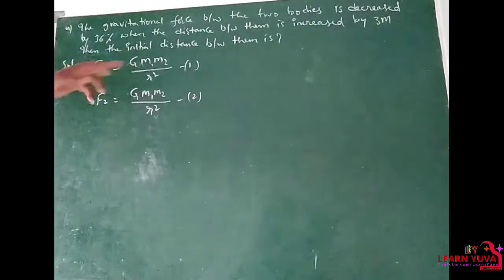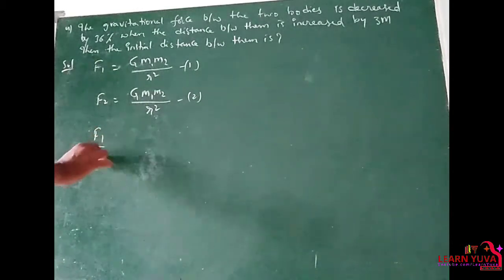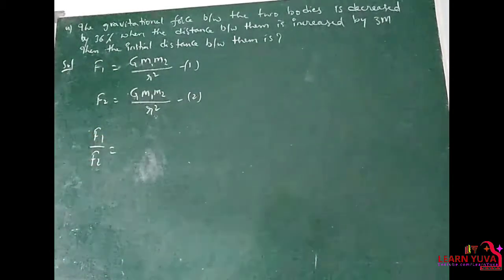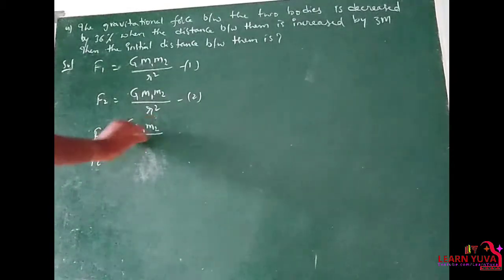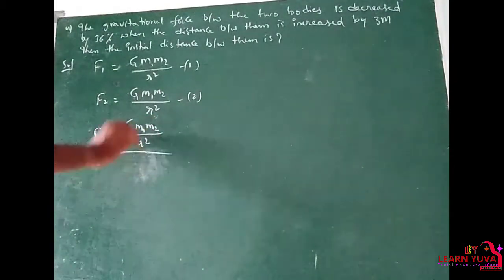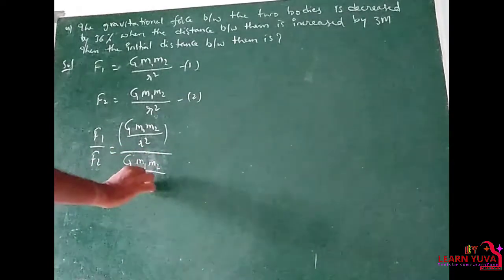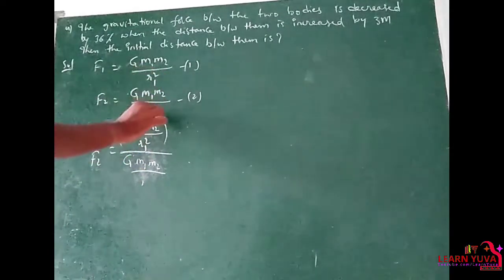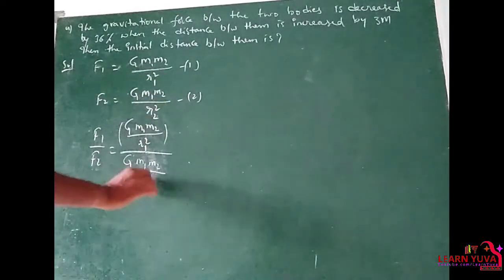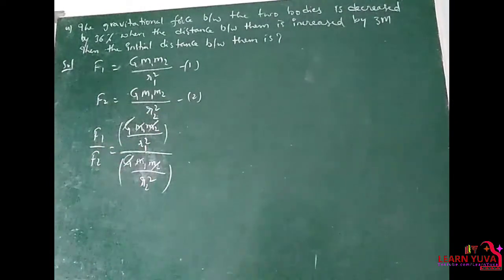So from these two we can write F1 by F2 by dividing F1 and F2: m1 m2 by r1 square and m1 m2 by r2 square. So m1 m2 gets cancelled.